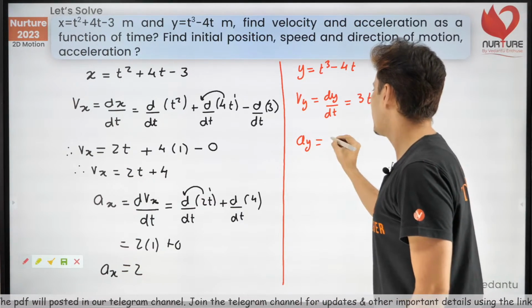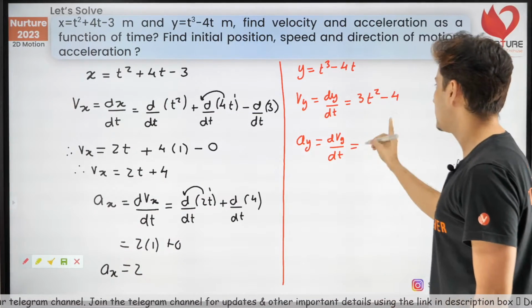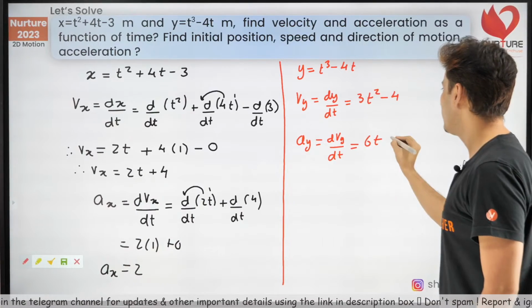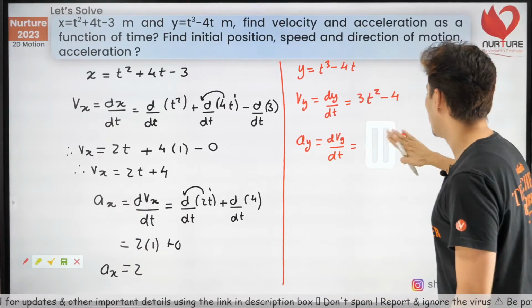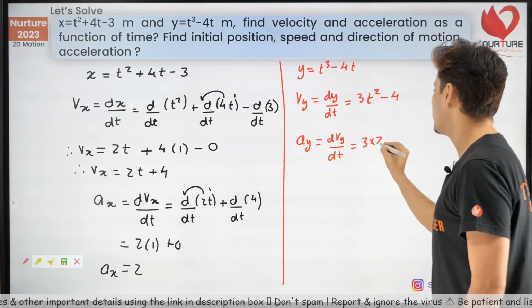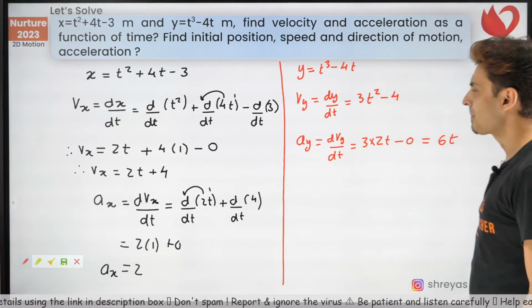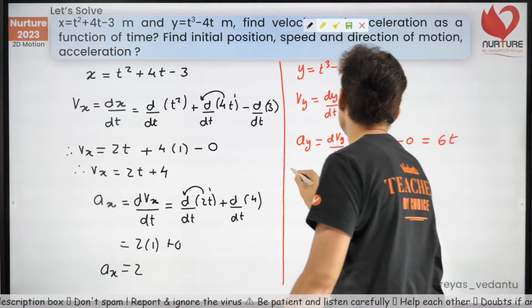Similarly, ay is dvy by dt, so differentiate this, 2 comes outside, 3 2's are 6, and the derivative of 4 is a constant, so it's 0. If you did not understand it, I'll write it separately: 3 into 2t minus 0, which is 6t. Amazing.